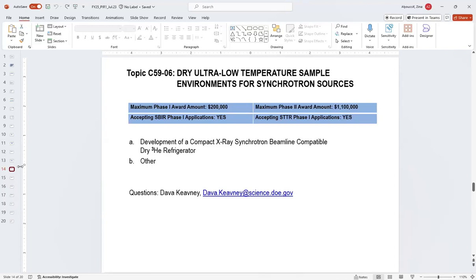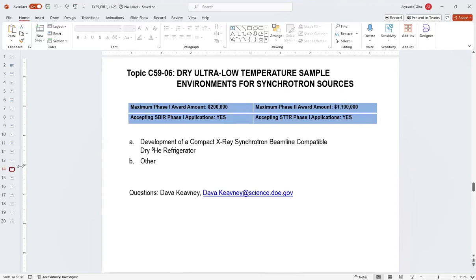This will require the advancement of a closed cycle refrigerator design to create a new class of system which can achieve more than a milliwatt cooling power at a base temperature of 300 millikelvin in a portable form factor.